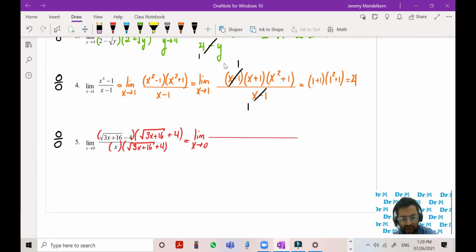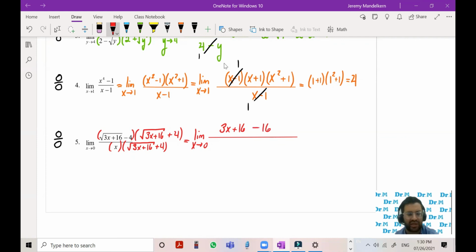So multiplying out the two binomial expressions, we find in the top that when you multiply the root expression by itself, we get just the radicand, so just 3x plus 16. There are opposite terms now generated. The outside and inside products are opposites of one another. They are plus or minus 4 times the root expression, so they cancel. And the last product is minus 16.